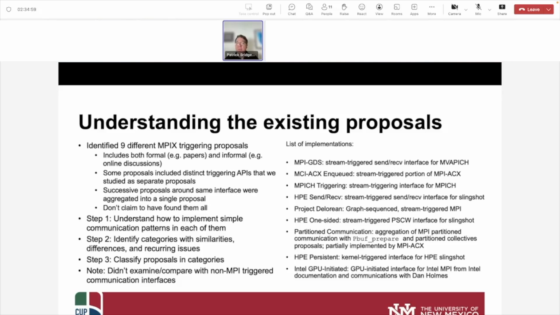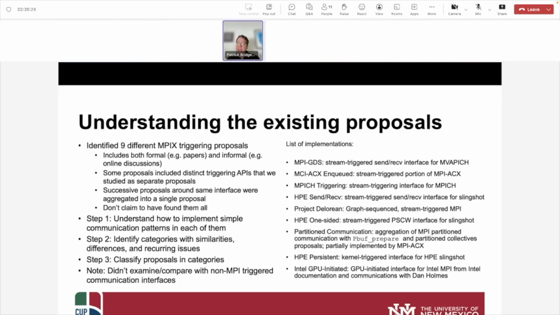Some proposals included multiple distinct triggering APIs that we studied as separate proposals. So, for example, there's one on MPI+X, MPI-ACX, which has both a stream triggering portion and a kernel triggering portion based on partitioned communication.